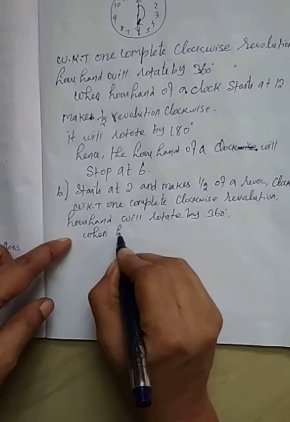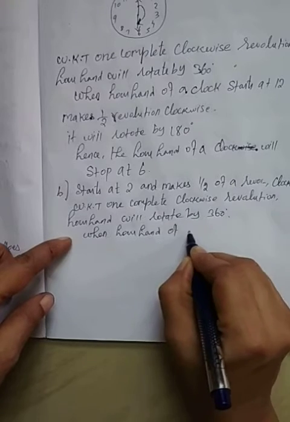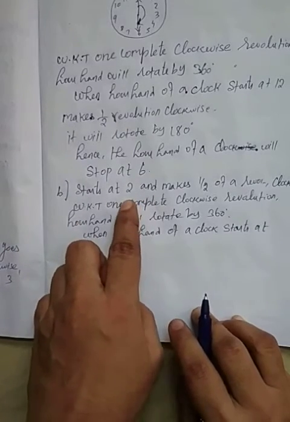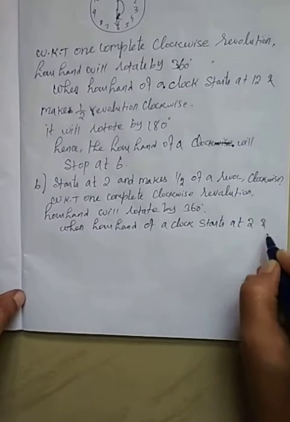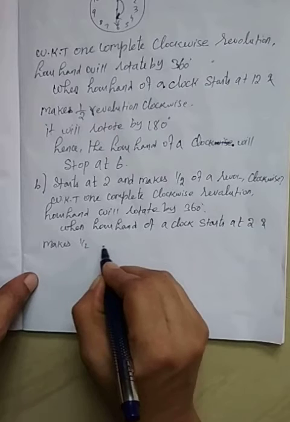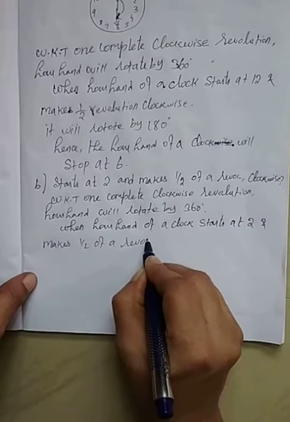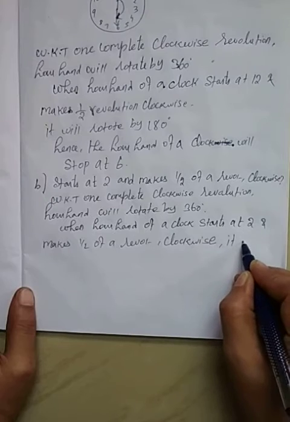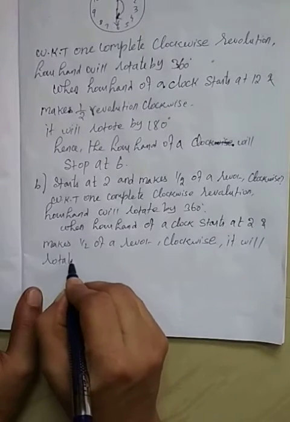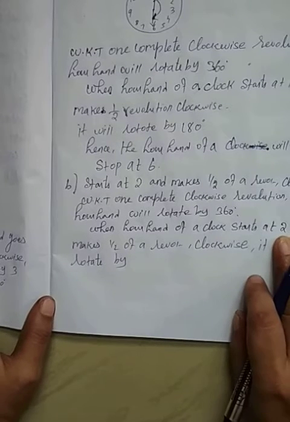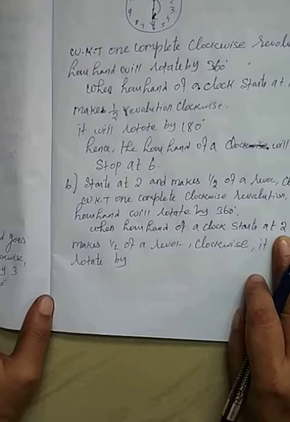In this problem, when the hand of a clock starts at 2 and makes 1 by 2 of a revolution clockwise, it will rotate by 180 degrees. Half revolution means 180.